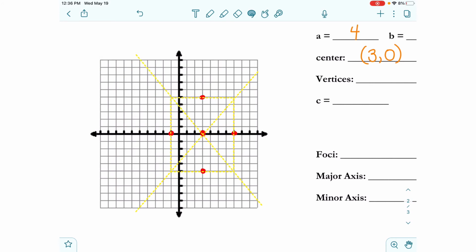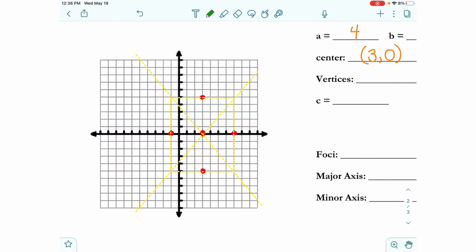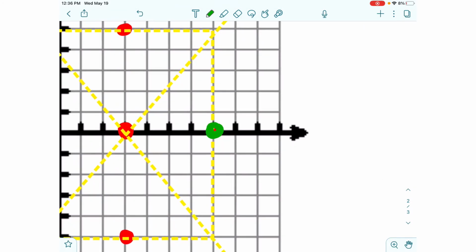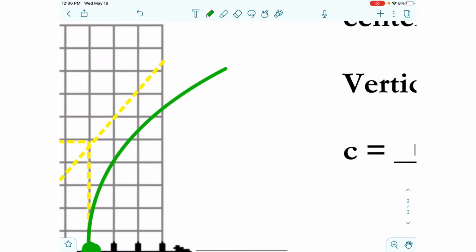Beautiful. Now I can draw my hyperbolas, which are going to go side to side. So here's the vertex of this part. We use the yellow brick road as a guide.